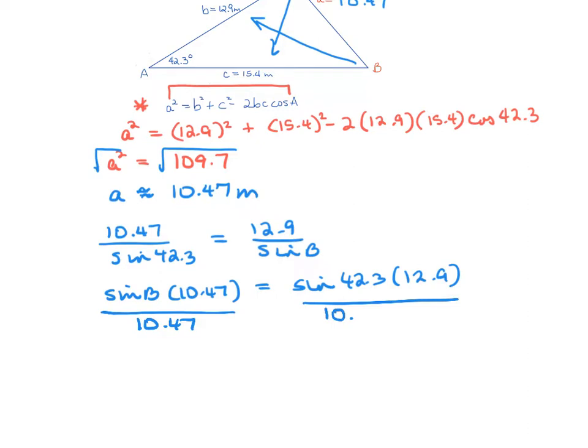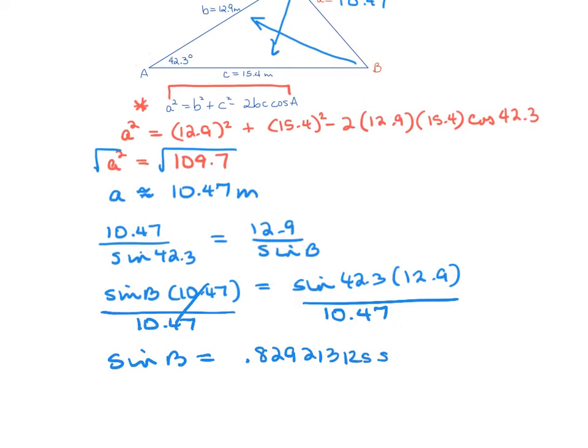Divide both sides by 10.47. And now I have the sine of B is equal to, once I multiply and divide, I get 0.8292131255.